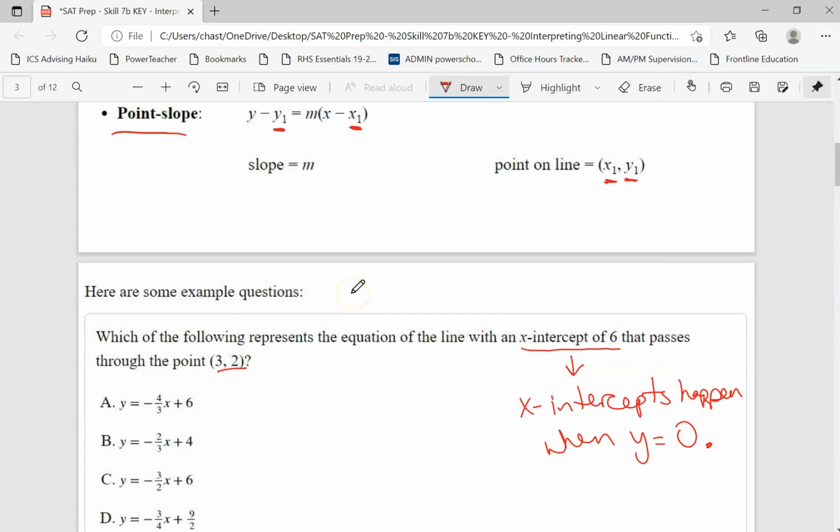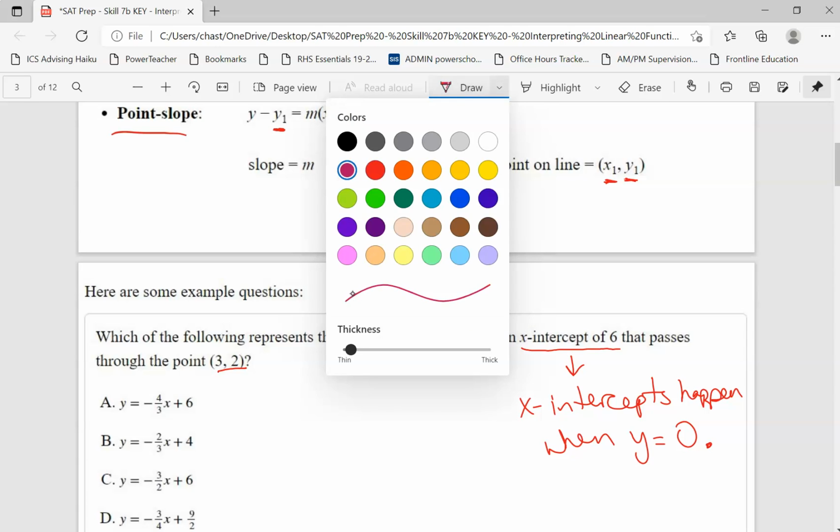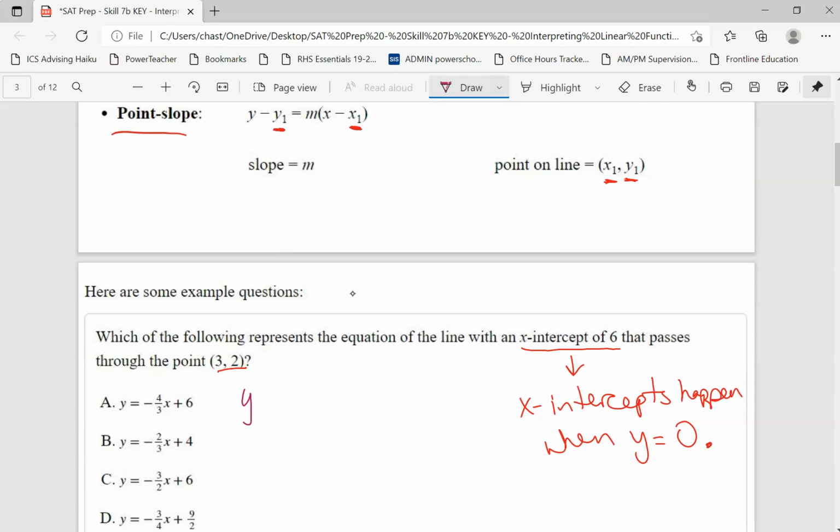I'll bring that back up here so we can see what that looks like. So we're going to have y minus our y-coordinate, which is 2, equals m times x minus our x-coordinate. Now x-intercepts happen when y equals 0, so I know that when y is 0, x is 6.